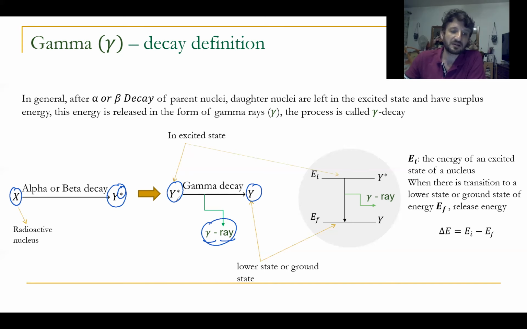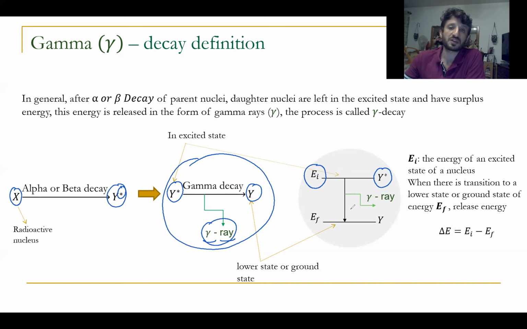Let me explain this situation by this diagram. Initially, we have the excited energy E_i, where Y star will decay down to the lower level, E_f.